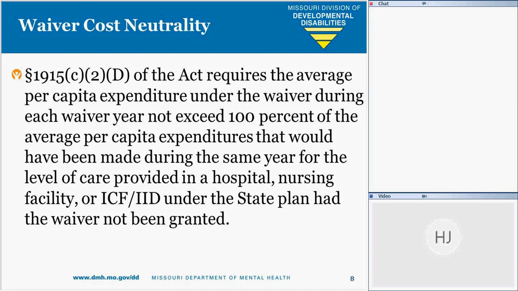And that means that the average cost per person in the waiver cannot exceed the average cost per person in an ICF/ID or institutional setting. So, in terms, we cannot spend more under the waiver than what we would have spent without the waiver.